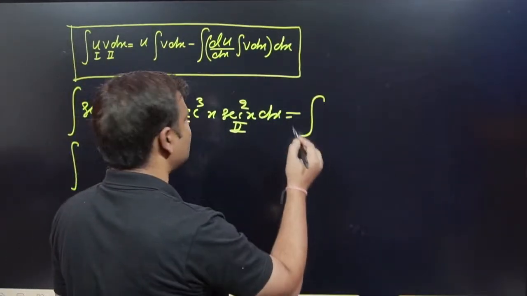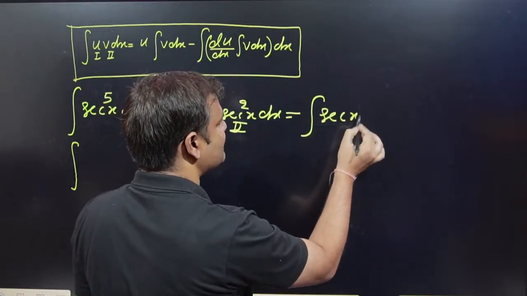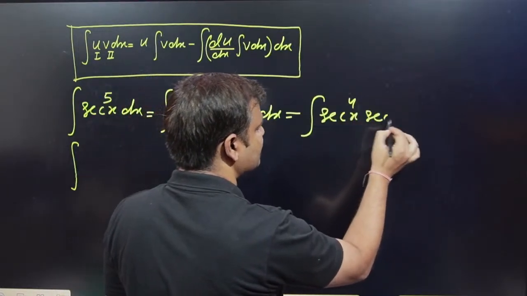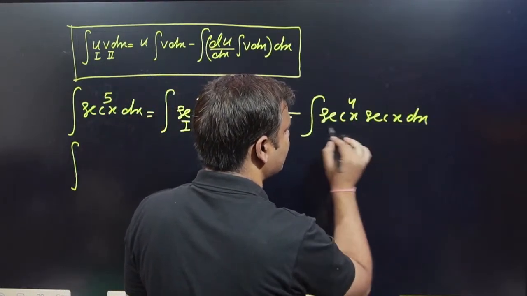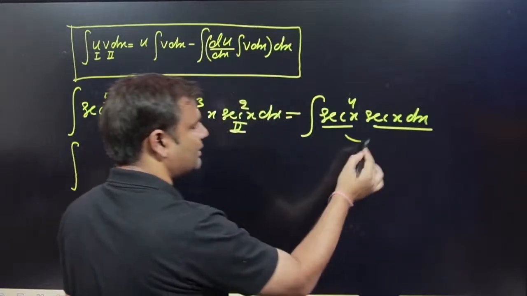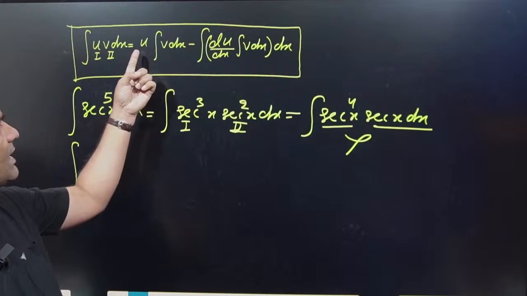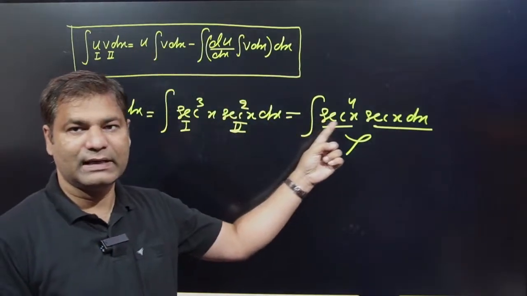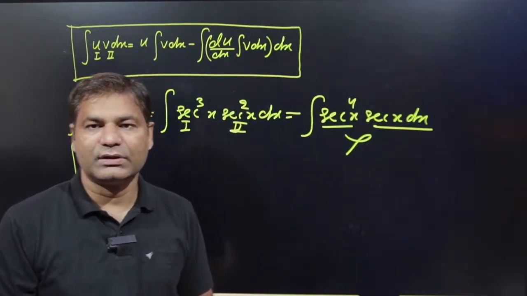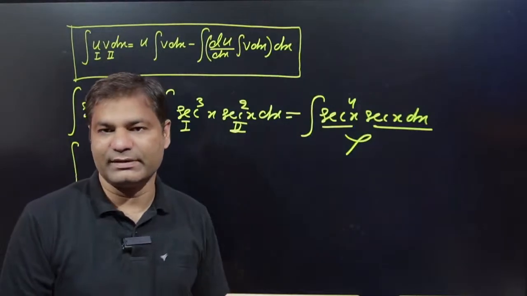Some students try this question as sec x to power 4 into sec x dx, but you cannot use this. Why? Because if this one is taken first and this one is taken second, then it goes in a very complicated way.